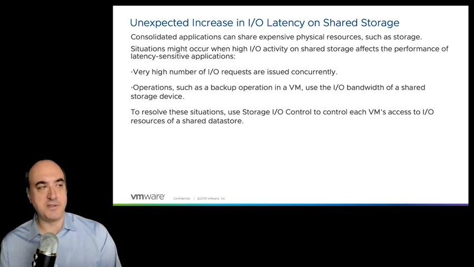The I/O bandwidth of a shared storage device could be impacted. To resolve these situations, one simple fix is storage I/O control. It'll make sure that when you have these immediate high concurrent I/O operations, storage I/O control on that device will effectively balance the I/O across all the ESX servers trying to access that same device.